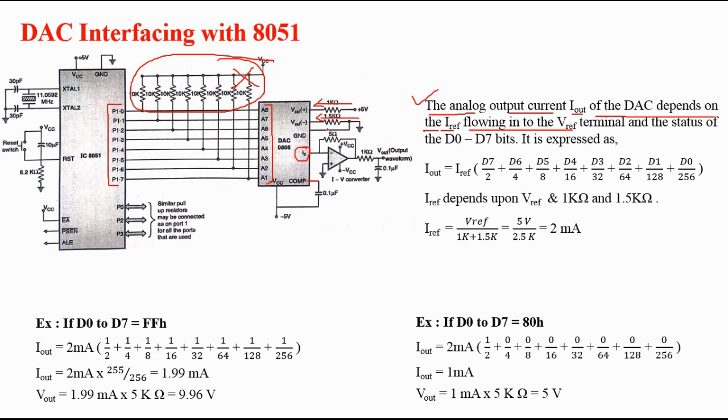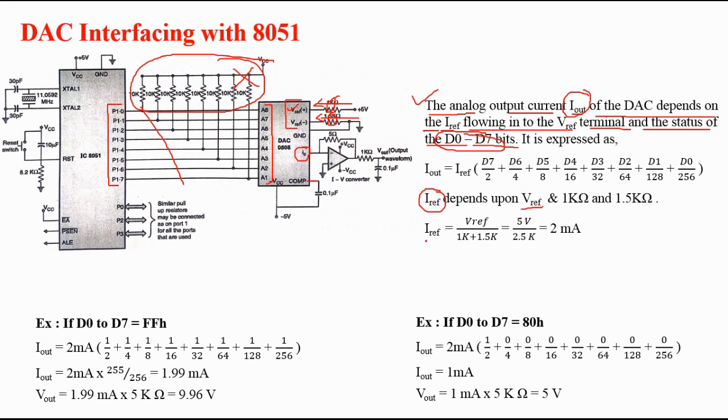So I out depends upon two things: the I reference flowing in the V reference terminals, and the status of the D0 to D7 bits that we discussed last time. Now, how can we represent all those things mathematically? Firstly, we have seen that I reference depends upon V reference and those resistors, right?